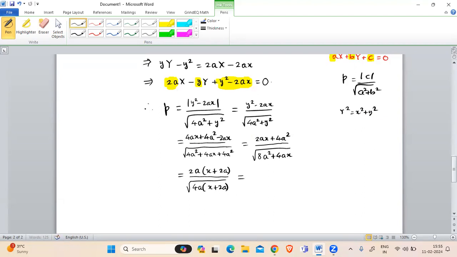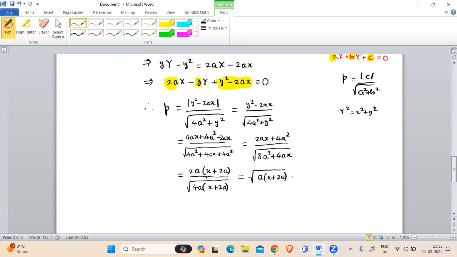Now, upon simplification, when 4a comes out, 4 gives me 2, and that 2 gets cancelled with this 2. And a into x plus 2a is what we have in the numerator, and in the denominator we have root of a into x plus 2a. That will ultimately give me root of a into x plus 2a.